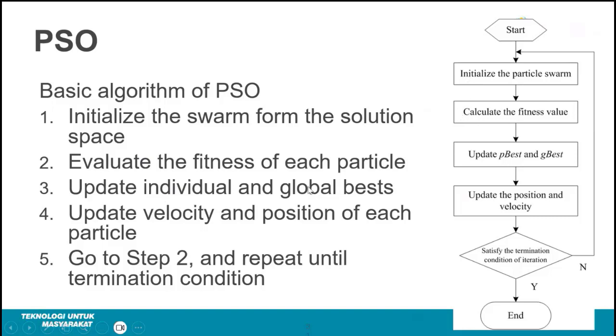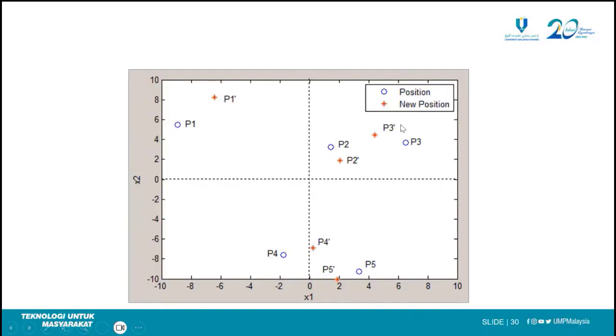And then update the individual and global best. We update P best, which is the individual or personal best, and G best is the global best. G best represents the leader for each iteration, the leader which will determine the direction of the particle movement.